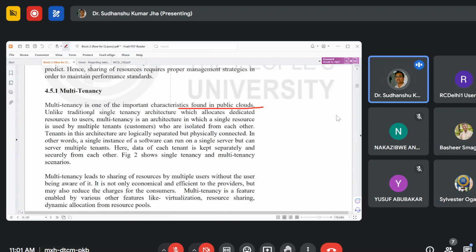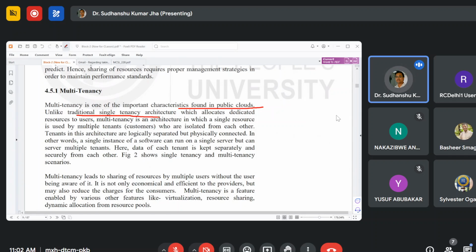Unlike the traditional single tenancy, where you have a single customer and you are offering your entire hardware and software to that single particular customer, and you complete the task of that customer. Then you take the next customer in the queue, and you allow it to work with their requirement. Similarly, once the second customer completes, you move to the third customer and so on. That is the single tenancy.